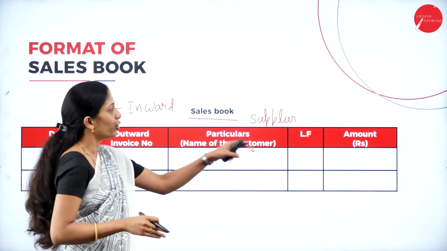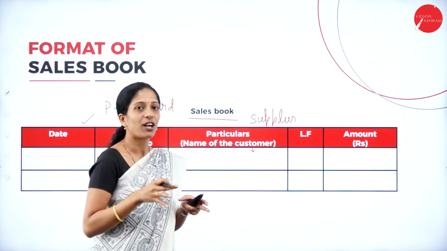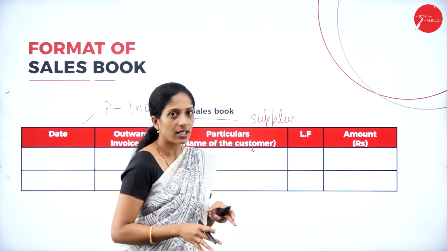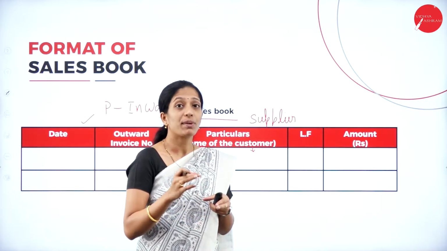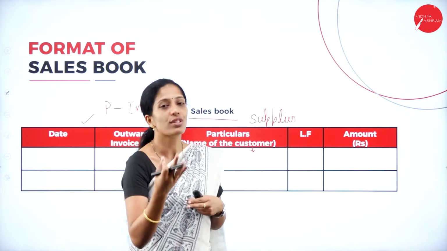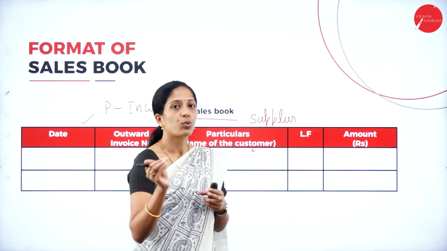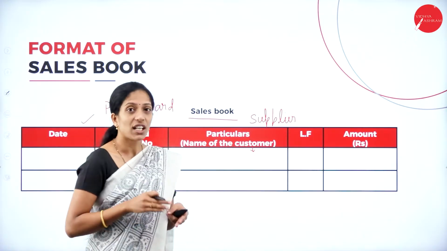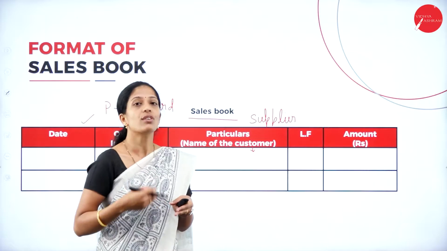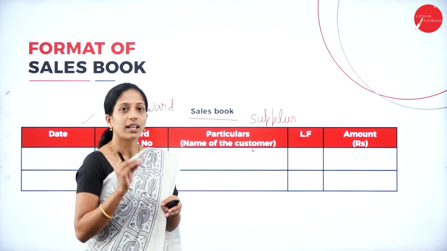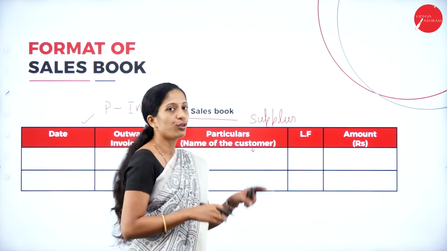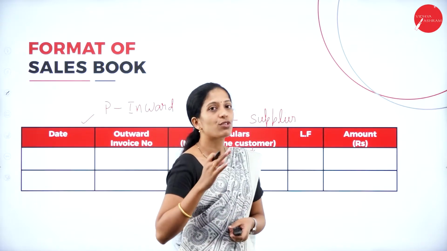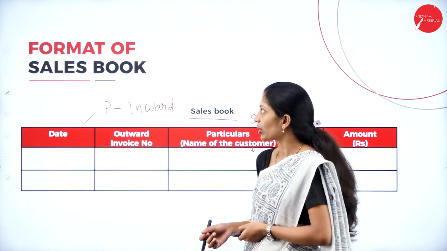Next, ledger folio and amount. So the format is date, outward invoice number, because when you sell goods, goods go out from the business, name of the customer, because we are going to sell to our customer, ledger folio as well as amount. So this will be the format of the sales book.